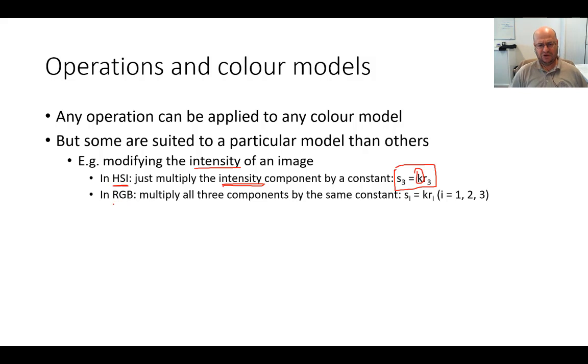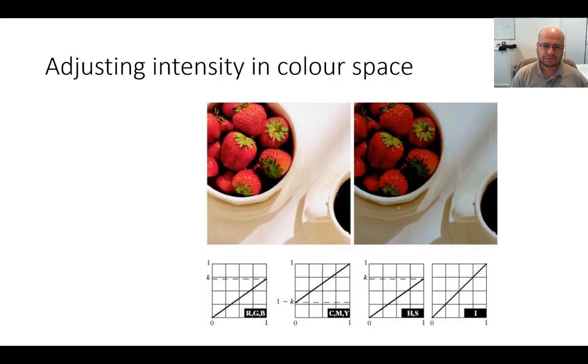In the RGB space, in order to obtain the same result, we have to multiply all three components by the same constant: the R component by K, the G component by K, and the B component by K as well.